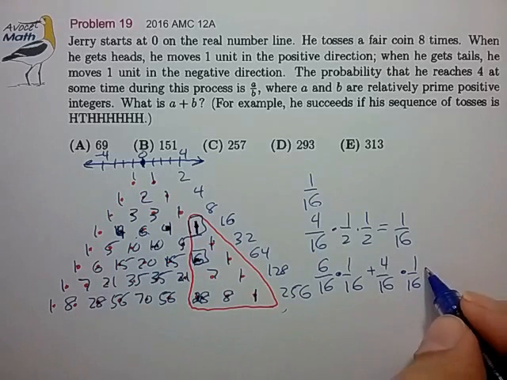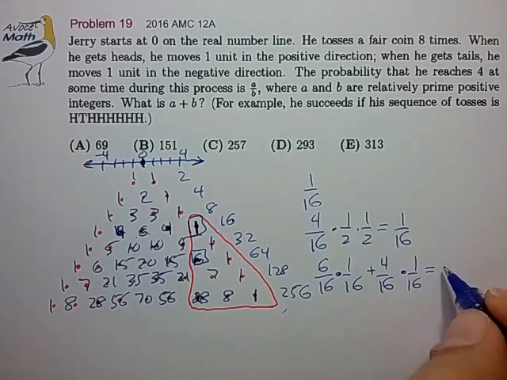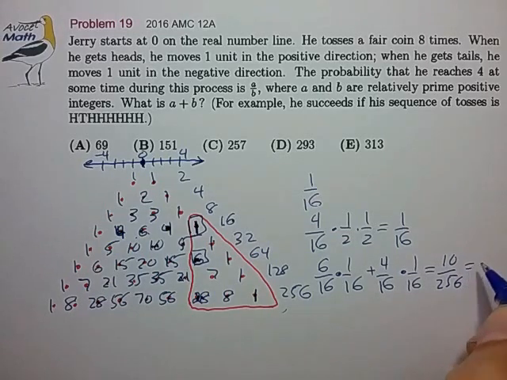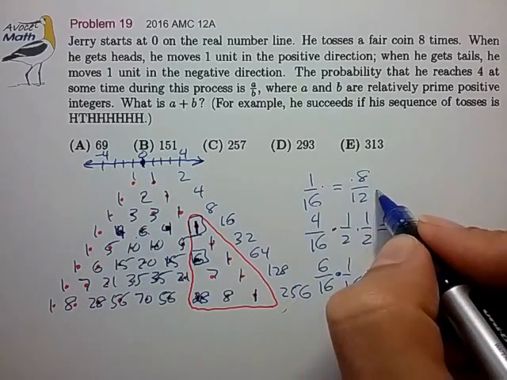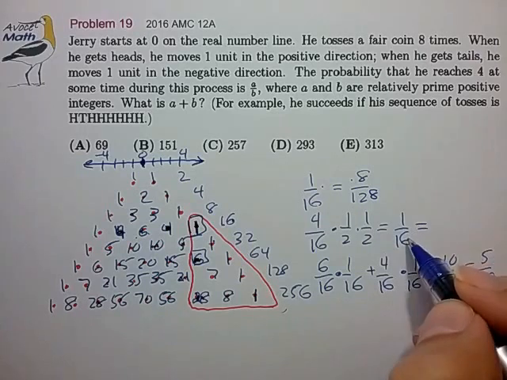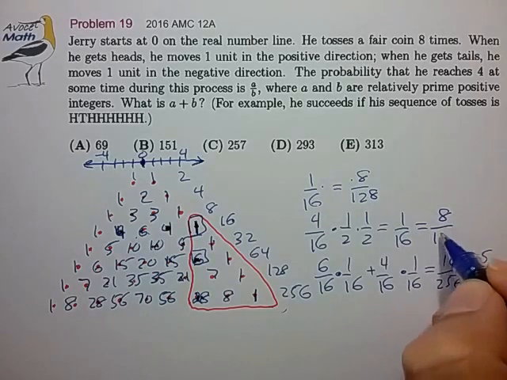So that's equal to 10 over 256, which is 5 over 128, and 1/16 is equal to 8 over 128.